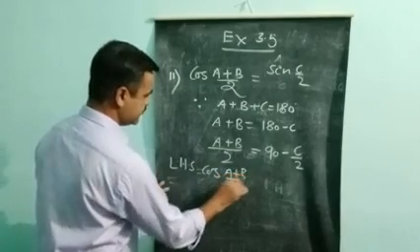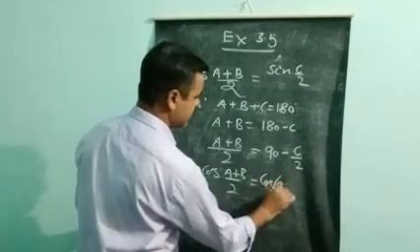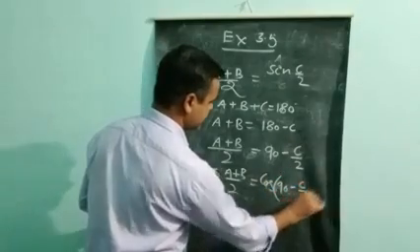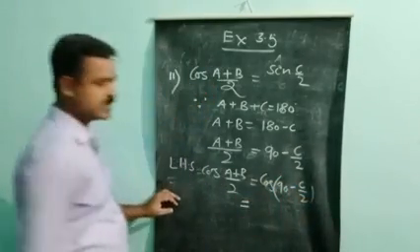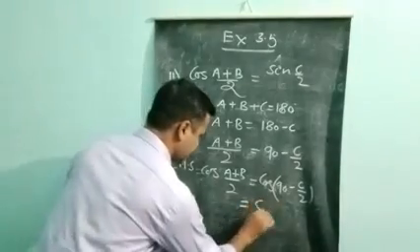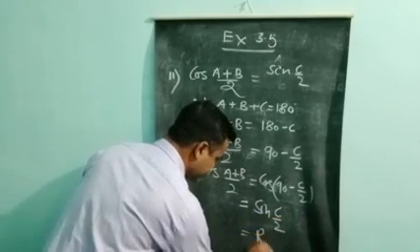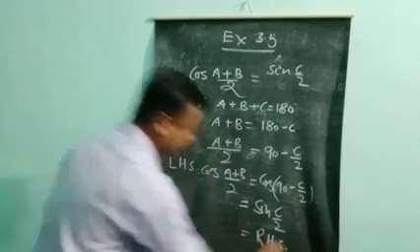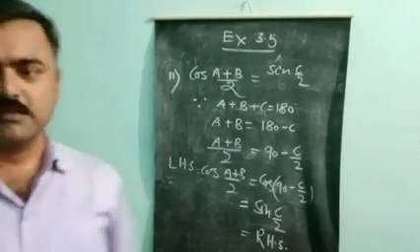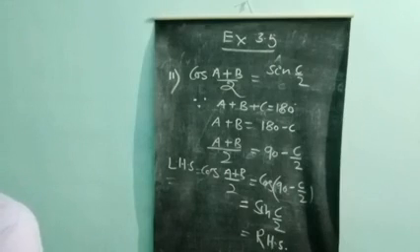Cos of (A plus B) by 2 can be written as cos (90 minus C by 2). You know, cos (90 minus theta) equals sin theta. So this is sin C by 2, and this is equal to the RHS. Hence proved. Okay students, have a look and make a note.